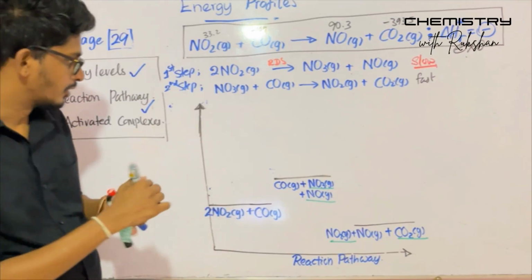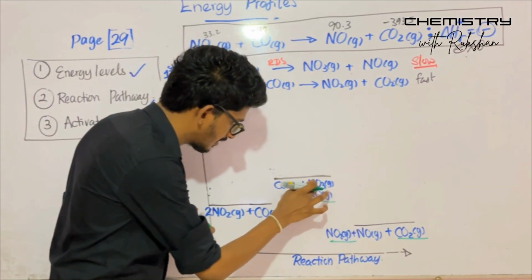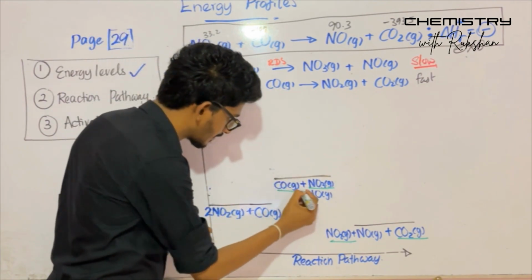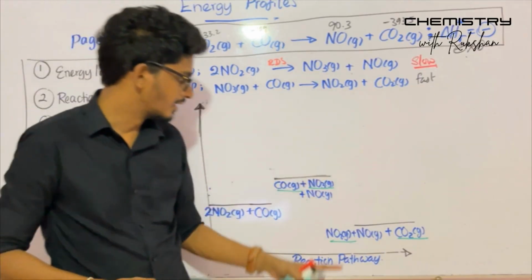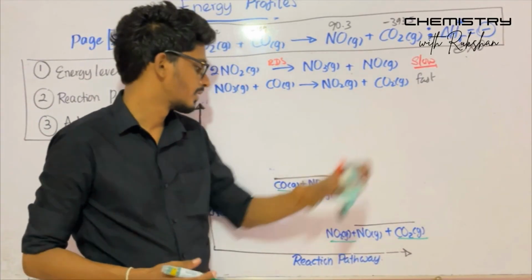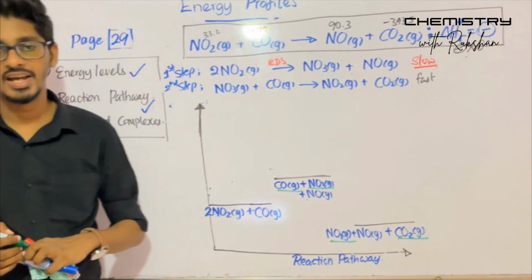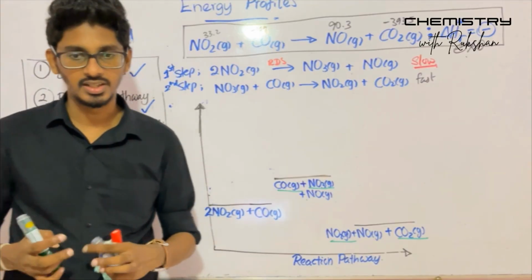NO3 and CO are converted to NO2 and CO2, and the unreacted NO gas is still appearing as it was there, right?